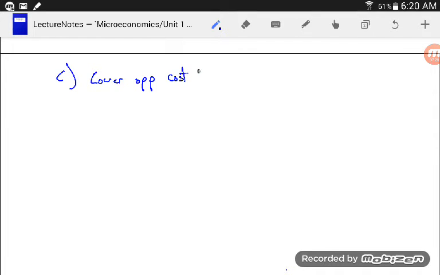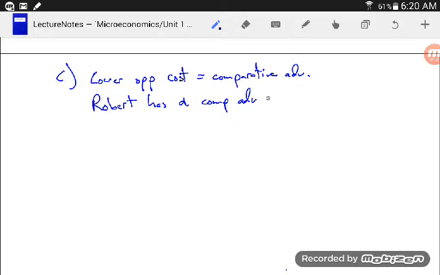Do write it out, but lower opportunity cost equals comparative advantage. Robert, make sure I got this right, Robert has a comparative advantage in tiling.